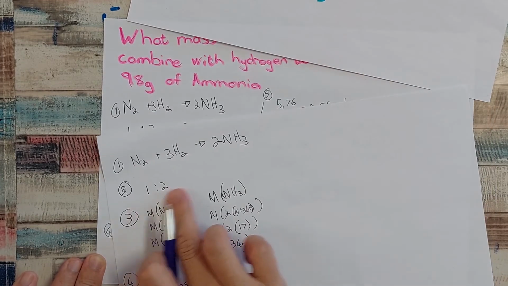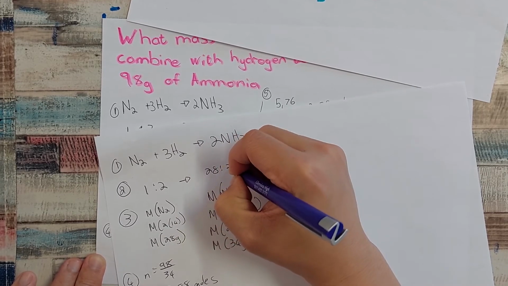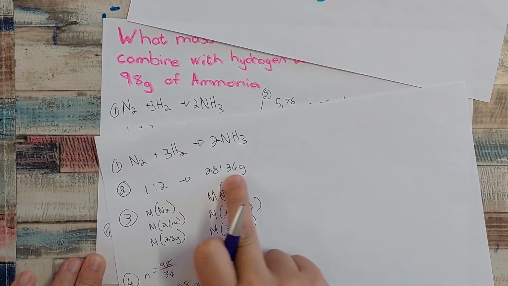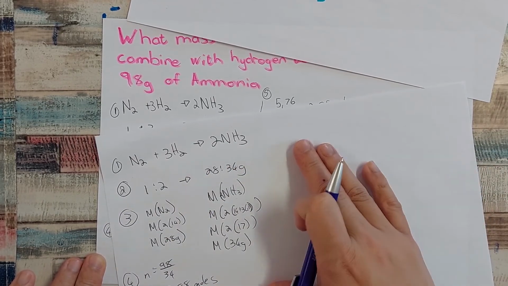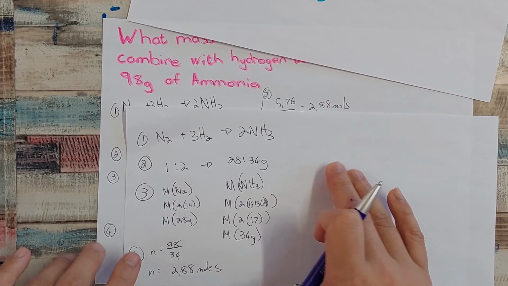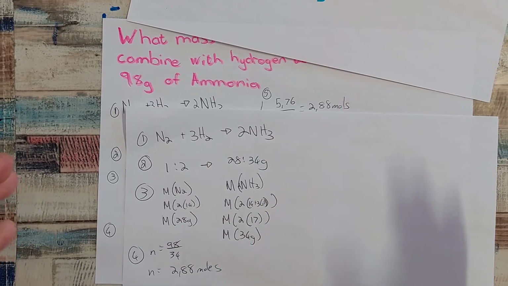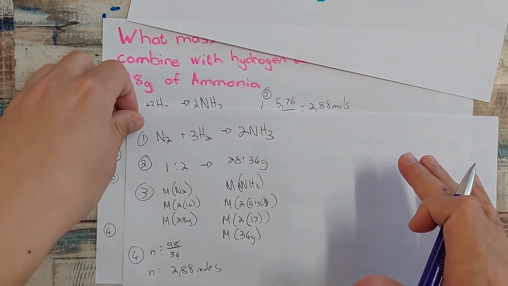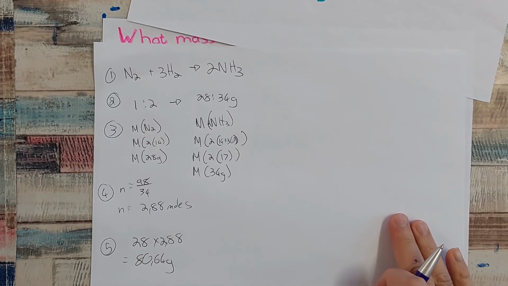So if you'd like to think of it like this, this is the same as me saying 28 is to 34 grams in terms of my ratio. For every 34 grams, I produce 28 grams of nitrogen. It's nice to know both ways, just so you know how everything is working. Right, this is a shortened version of what's happening in terms of stoichiometric calculations. You can choose which one you would like to do.